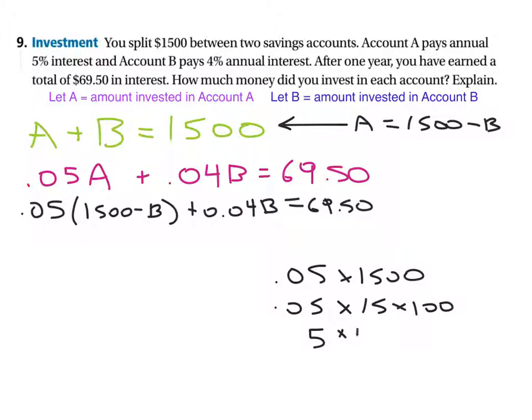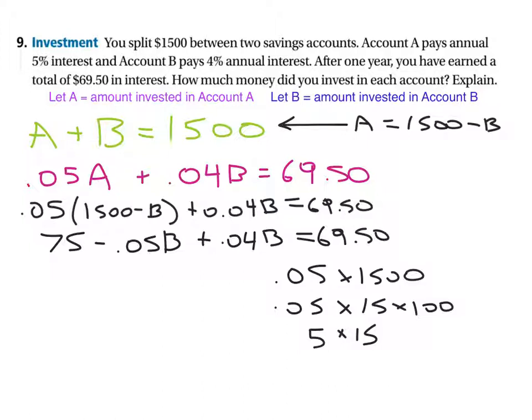The 100 times 0.05 gives 5, and 5 times 15 is 75. So I've got 75 minus 0.05B plus 0.04B equals 69.50.